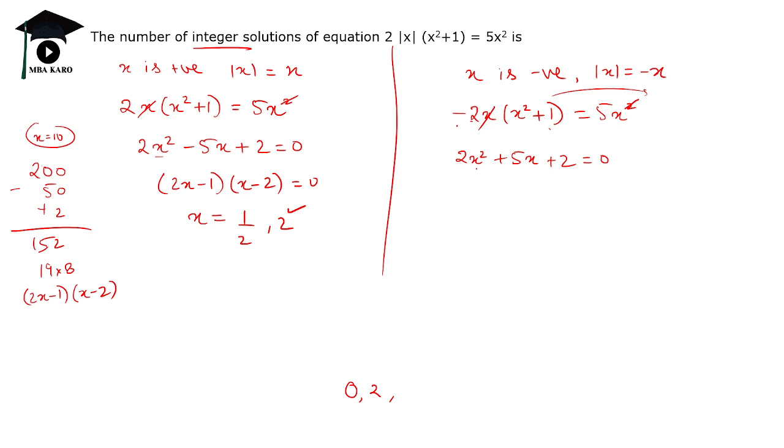Now again the same thing to factorize, 252 we need to factorize, so this can be written as 21 into 12, which is 2x plus 1 and x plus 2, which is equal to 0. So this gives x is equal to minus 1 by 2 or minus 2. Since we need to pick integers, this will be minus 2. So we get 3 integer values as the answer.